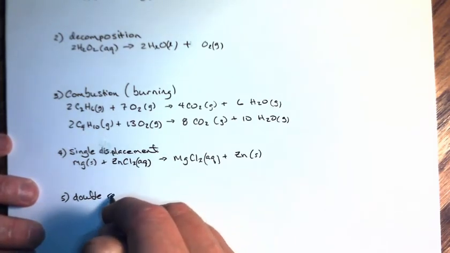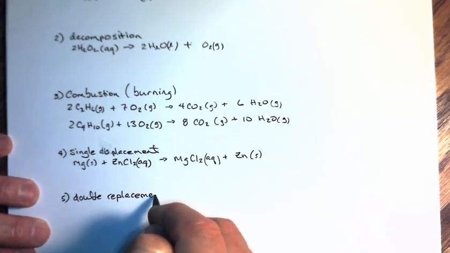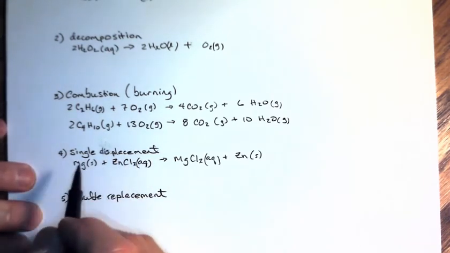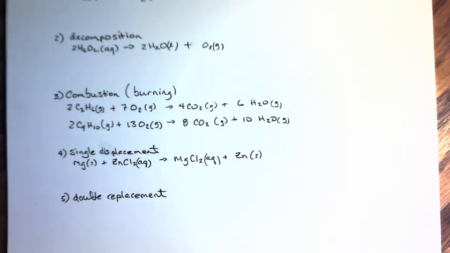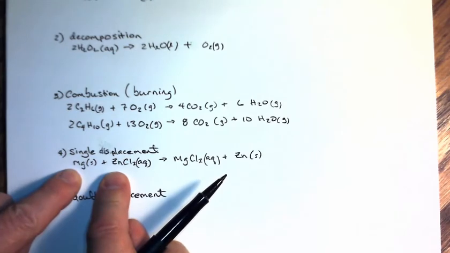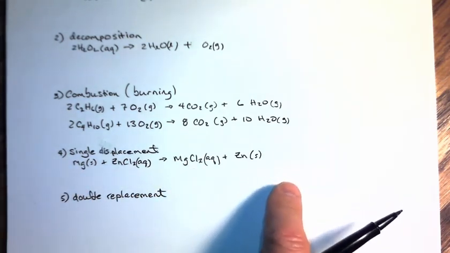But this is called double replacement. We'll get more into when single displacement occurs and how to predict those, because eventually, if you're given 2 reactants, you have to predict what the products are. We'll show you how to do that.